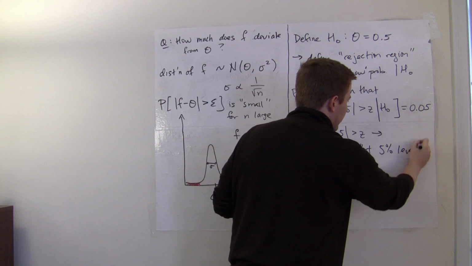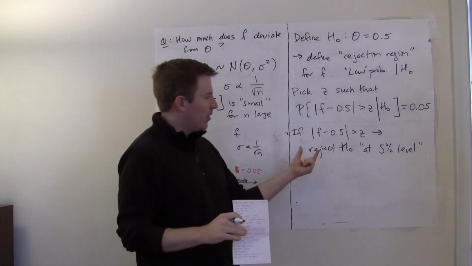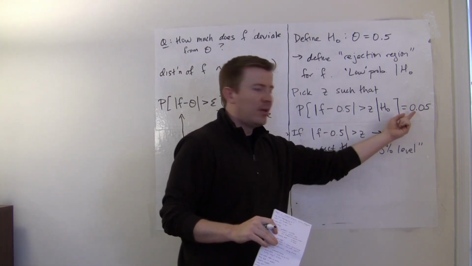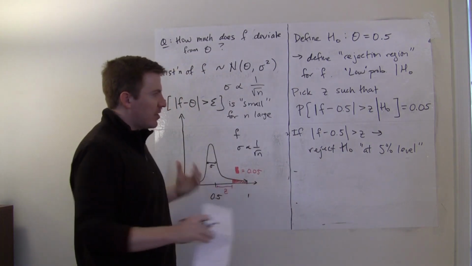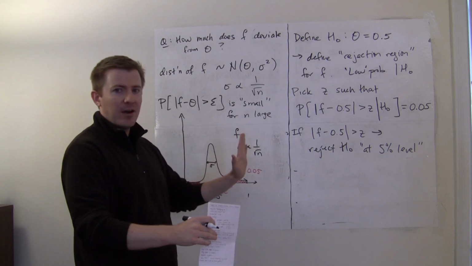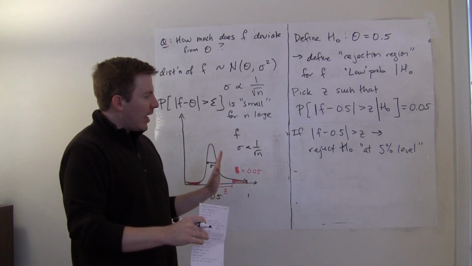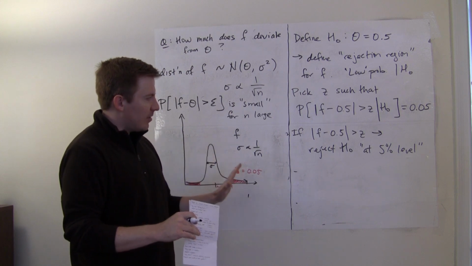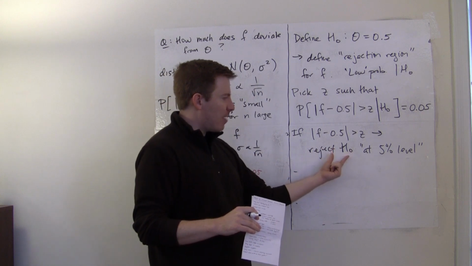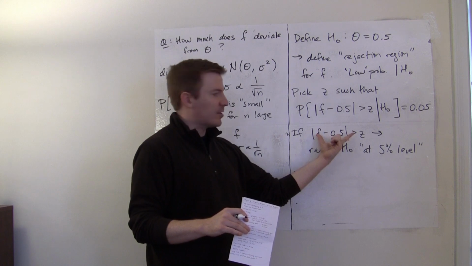That's a phrase that you'll hear very commonly in the world of orthodox statistics, where we say we reject some hypothesis at a particular significance level, and the significance level comes from this definition of the rejection region, which is how far out in the tails do we have to get before we say, all right, enough is enough, theta is not 0.5. And again, the idea is that we should only be rejecting this hypothesis at this level if this very unlikely event has occurred.